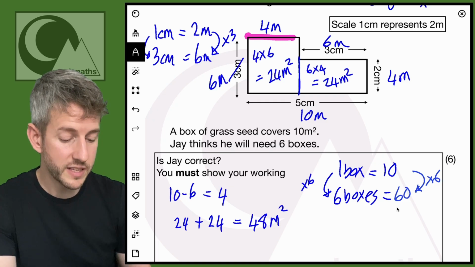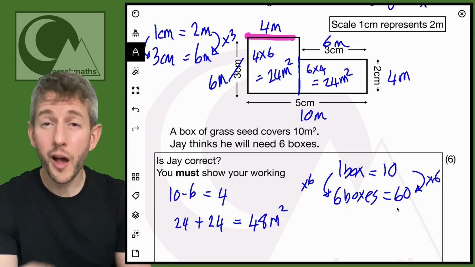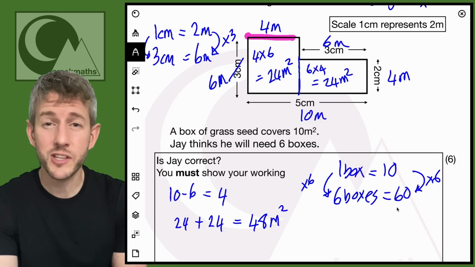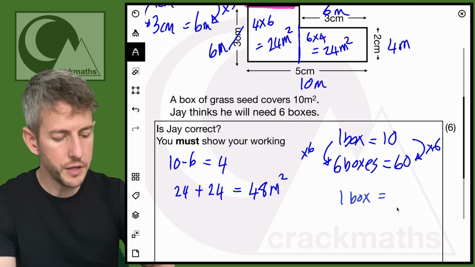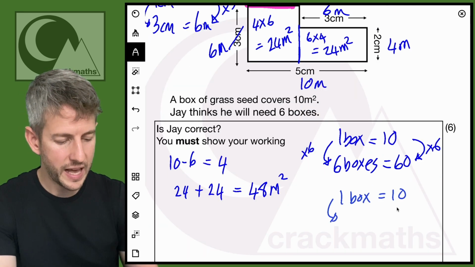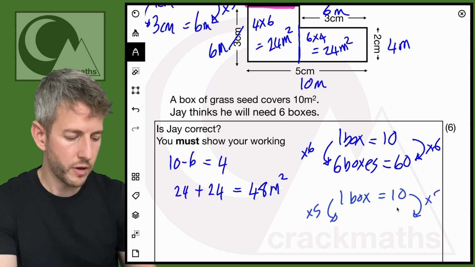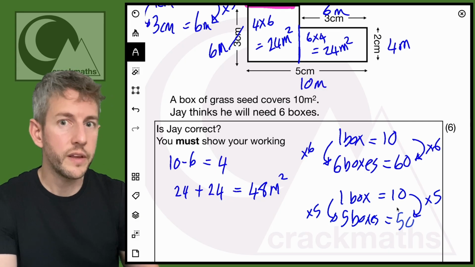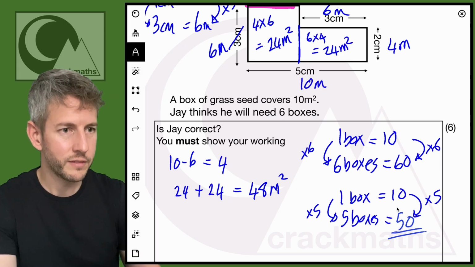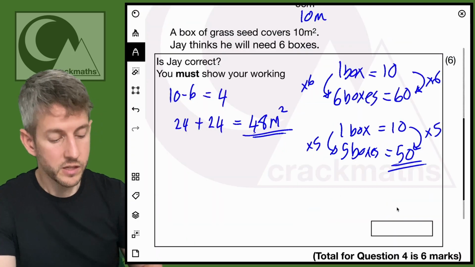That will equal 60. 6 boxes will do it, but I think it's actually overkill. I don't think we need 6 boxes, because if 1 box is 10, 5 boxes would equal 50. And 50 is more than 48, so he is wrong.